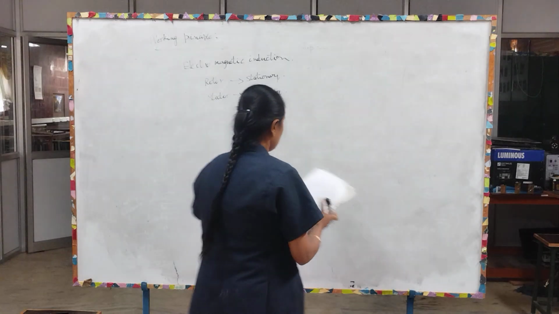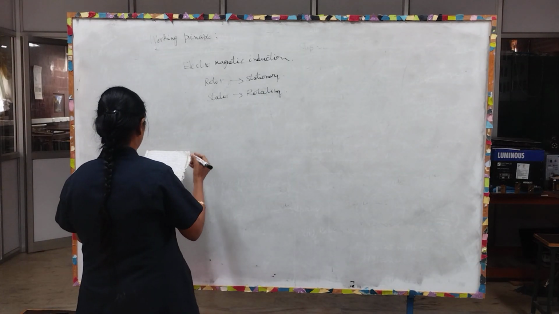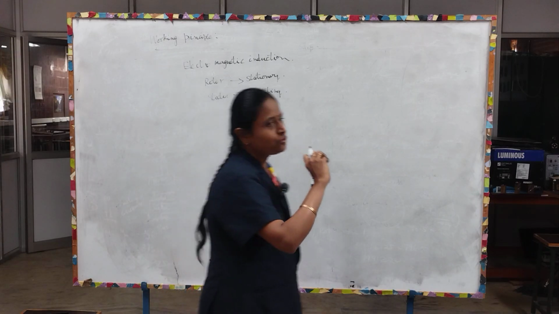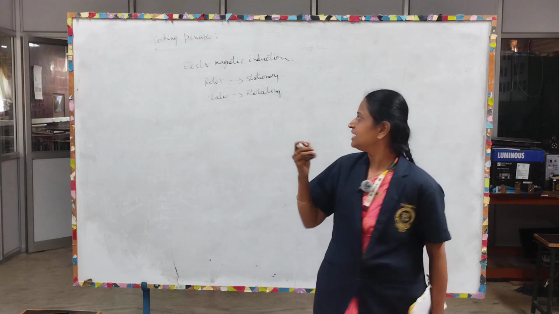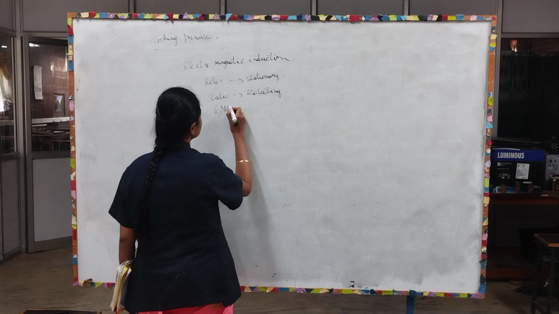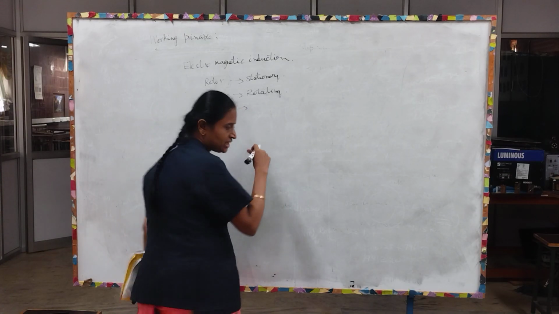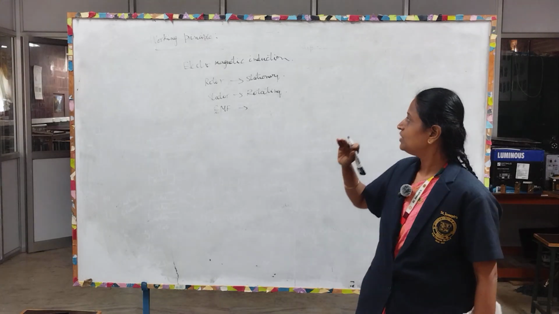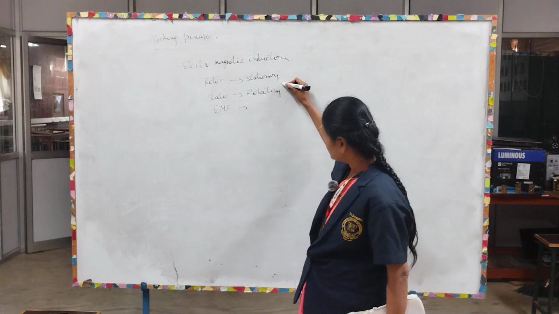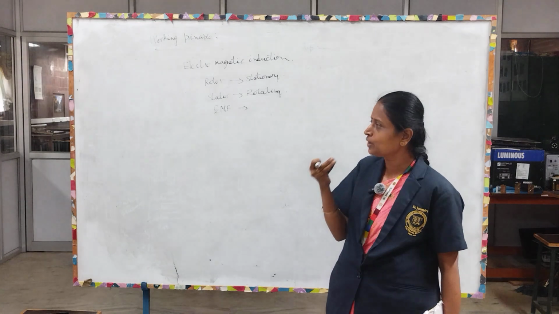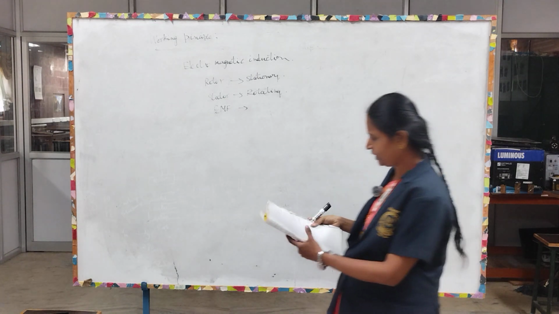We have EMF induction, or EMF production, in two possible ways. One is a stationary conductor with rotating flux, or a stationary rotor with the rotating flux. In either way a change in flux occurs, and whenever you have a change in flux, EMF will be induced.